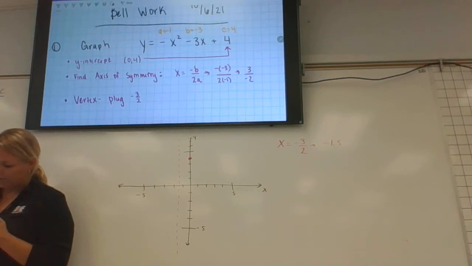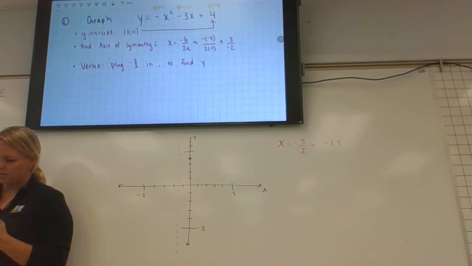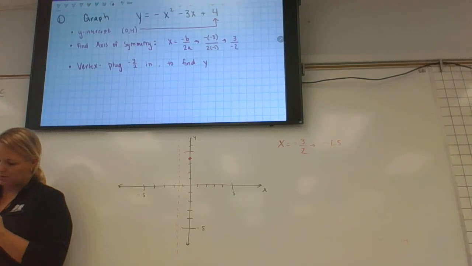Plug negative 3 over 2 in to find the y value. So it's going to be negative 3 over 2 squared minus 3 times negative 3 over 2 plus 4.